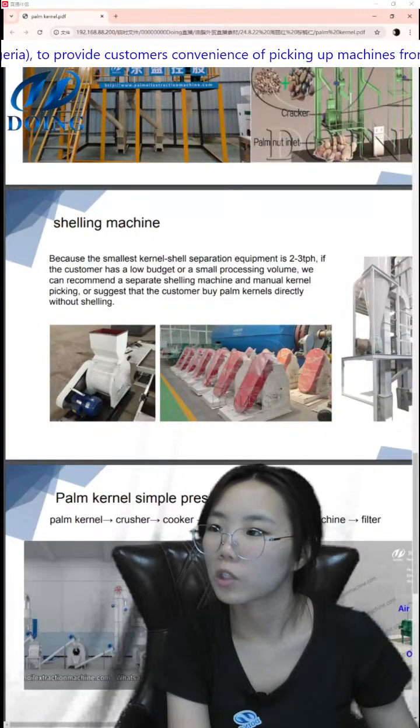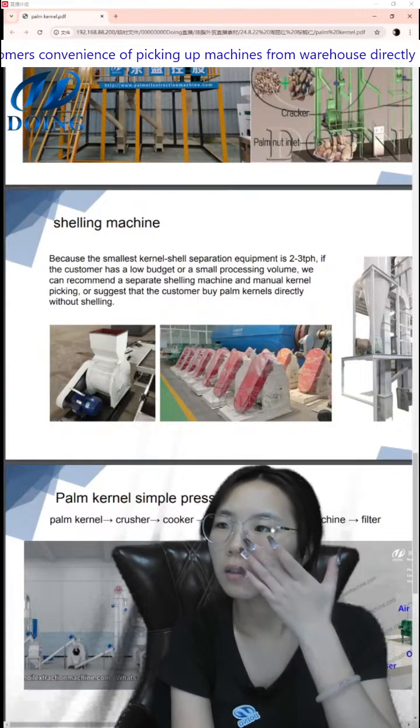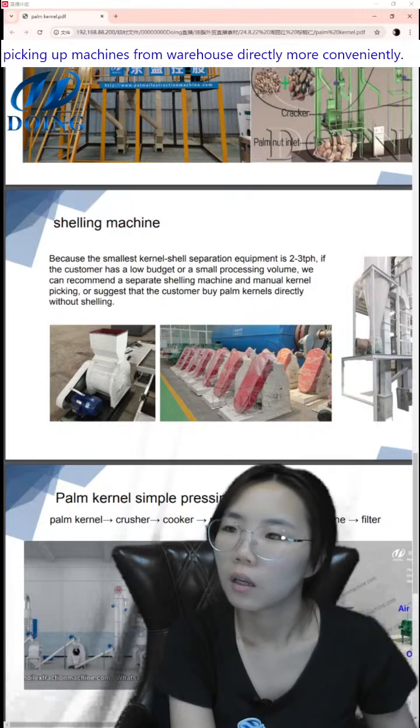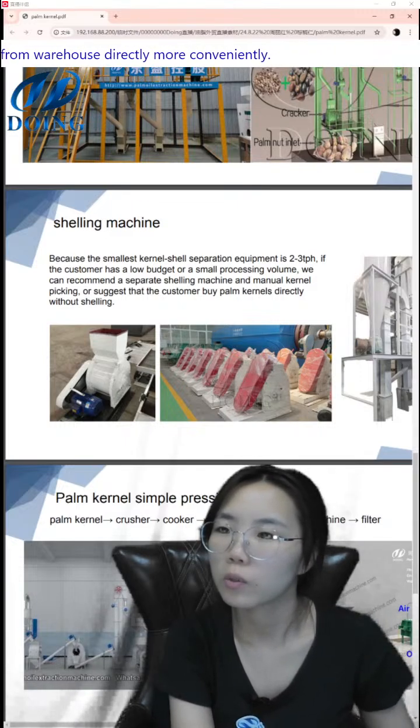And this is a shear machine. The smallest kernel shear separation equipment is 2 to 3 tons per hour.